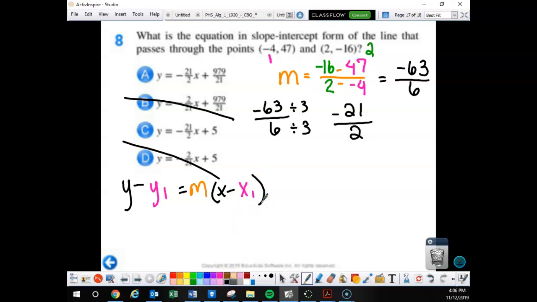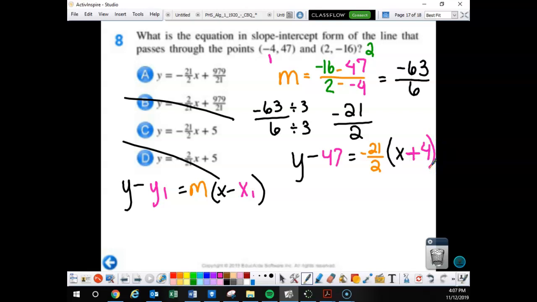So that's basically going to be y minus y1, which is 47, is equal to negative 21 over 2 times x minus negative 4, but the two negatives become positive 4.